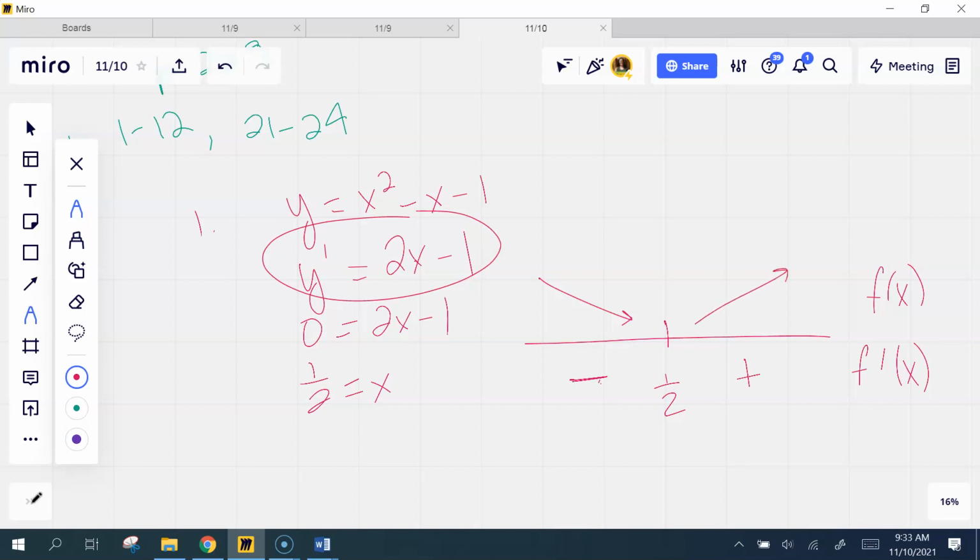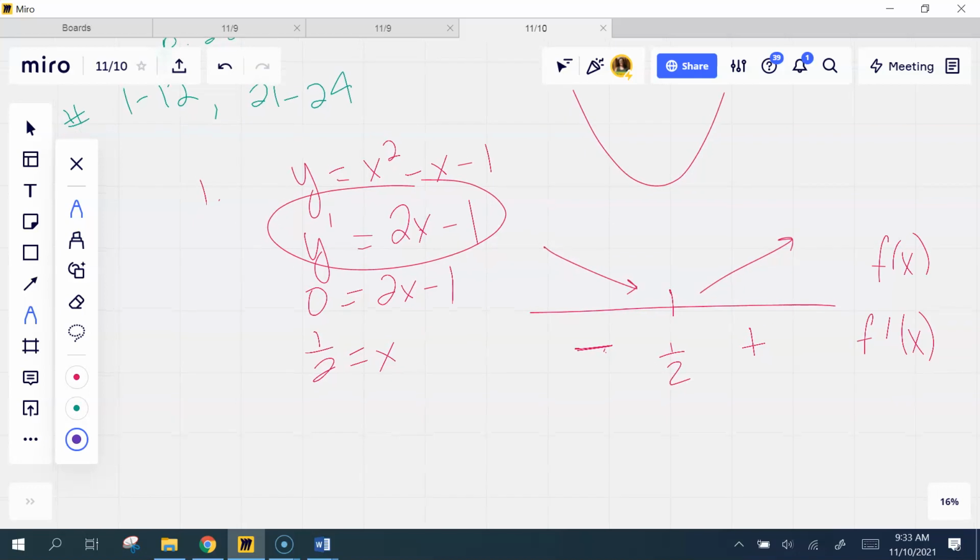Before I even do that, let's think about this. Does this make sense, taking your knowledge of what this graph would look like? It should be a parabola opening up. This is not part of the problem, but if I found the second derivative, I'm always concave up on a parabola that opens up, right? So my second derivative should always be positive.